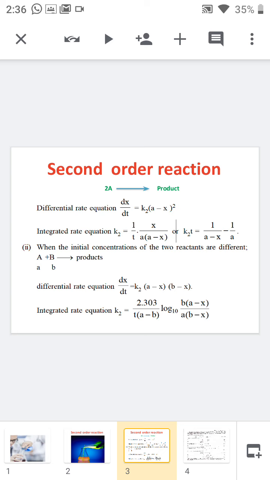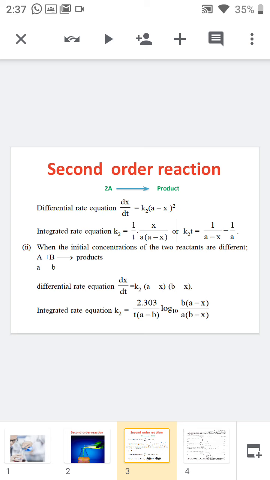So the initial concentration of reactant A is small a and the initial concentration of reactant B, capital B, is small b. After a time interval t, the concentration of reactant A is reduced to a minus x and the concentration of B is reduced to b minus x.